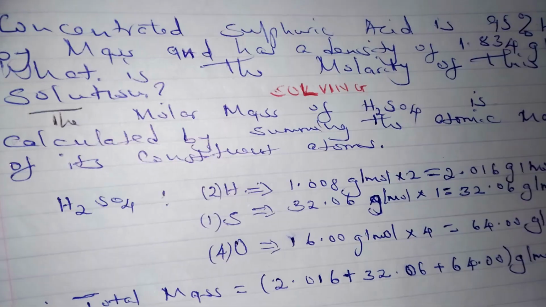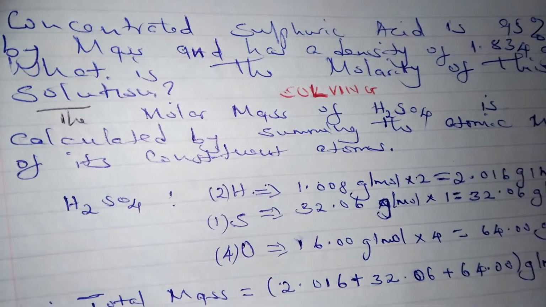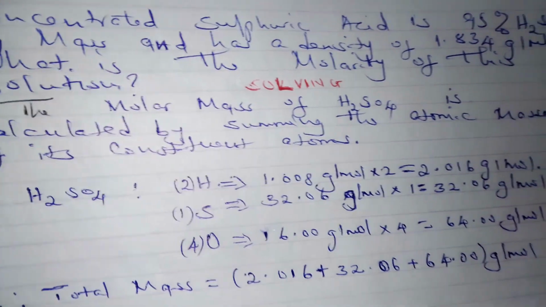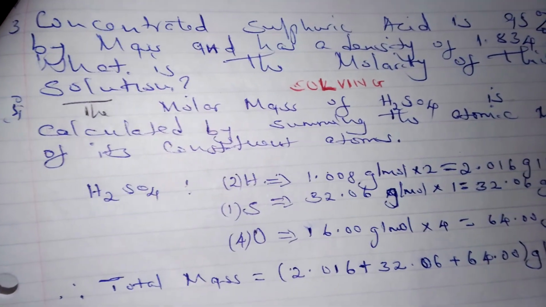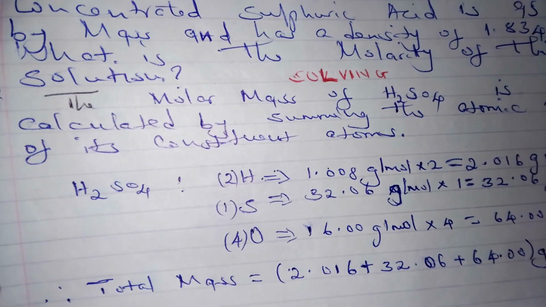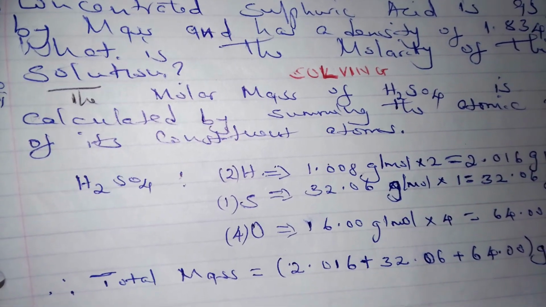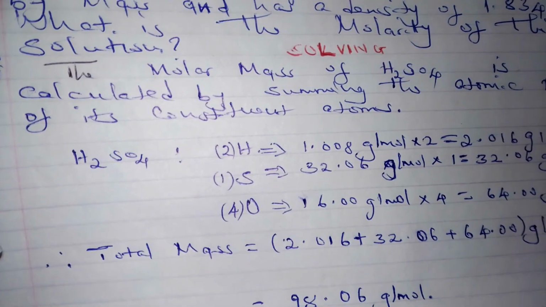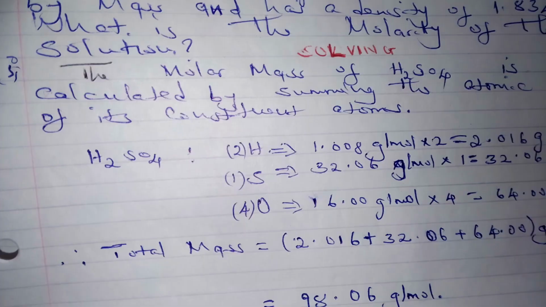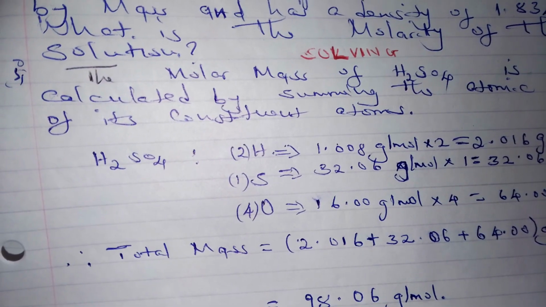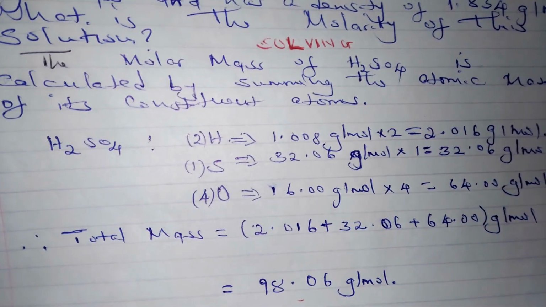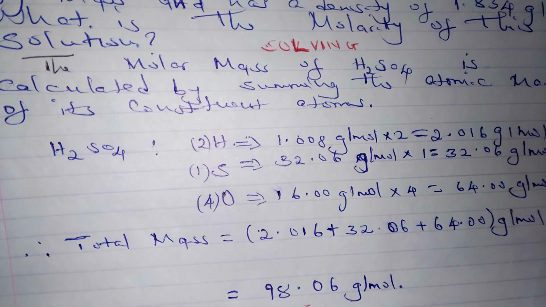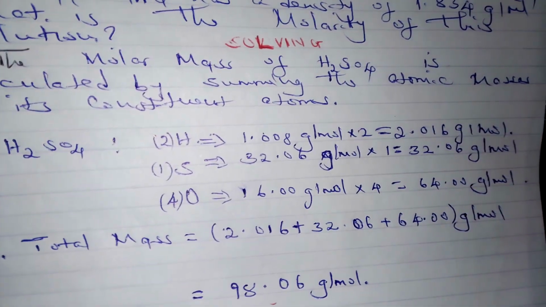So this is the solution. The molar mass of sulfuric acid is calculated by summing the atomic masses of its constituent atoms. You write sulfuric acid, then get the relative atomic mass. Hydrogen has 1.008, and in that compound we have 2 atoms of hydrogen, so 2 times that gives 2.016 grams per mole.